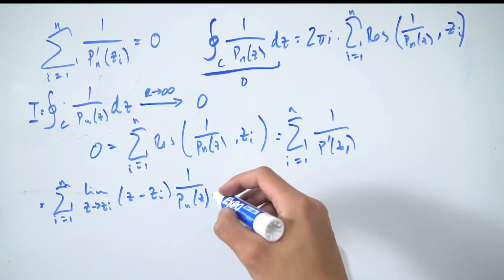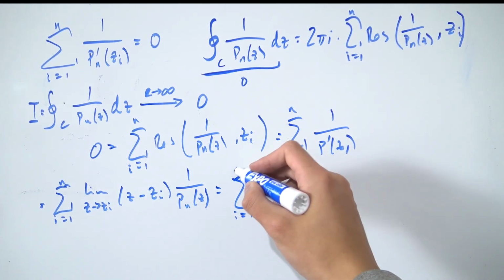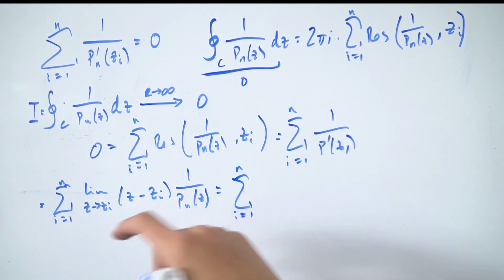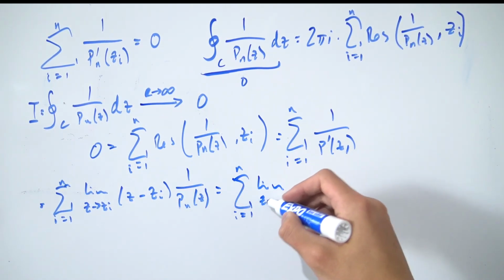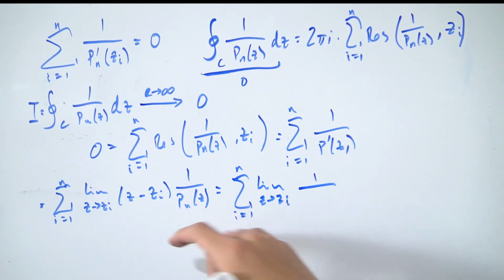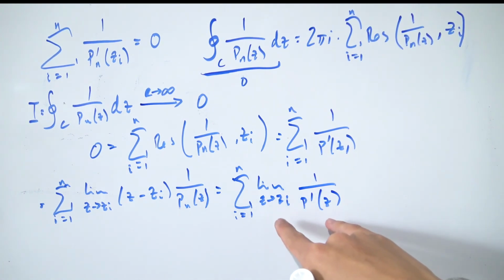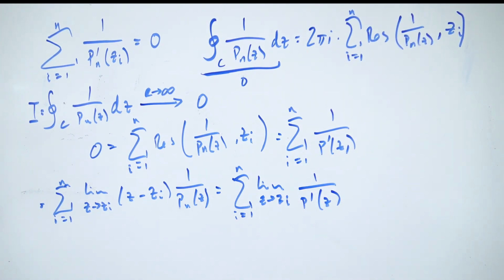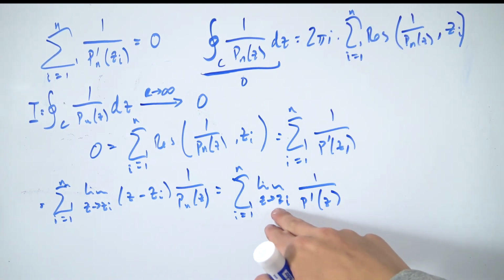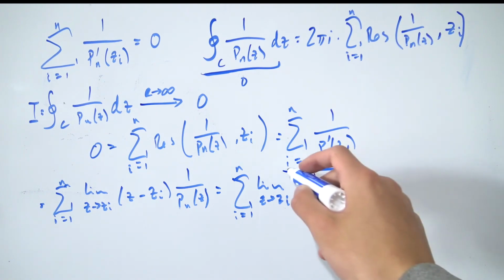So if we use L'Hopital's rule, we have the sum from i equals 1 to n of differentiating the top, we get 1, so 1 over the denominator differentiated, p prime of z. And since now we don't have any problems with the zeros, if we directly plug zi into this, we end up with this result.